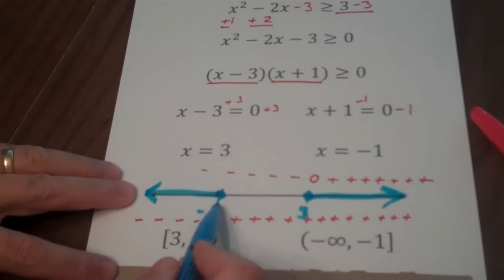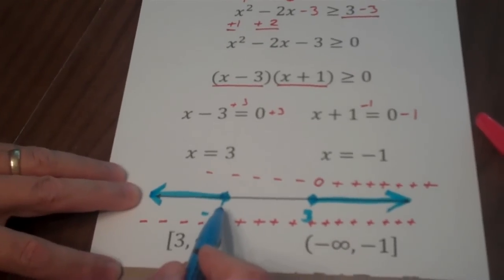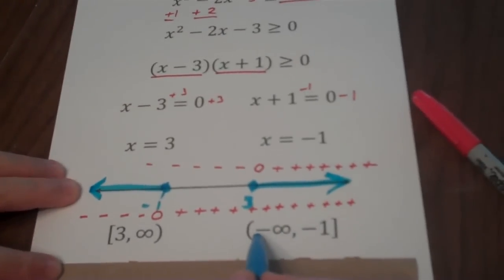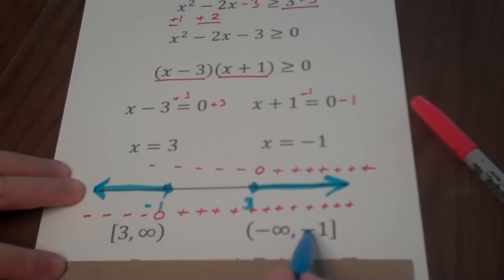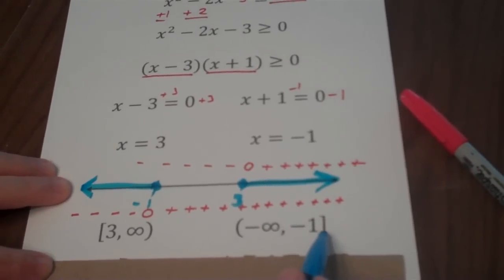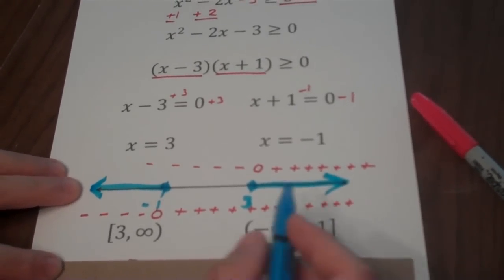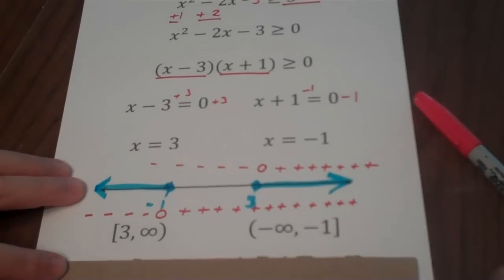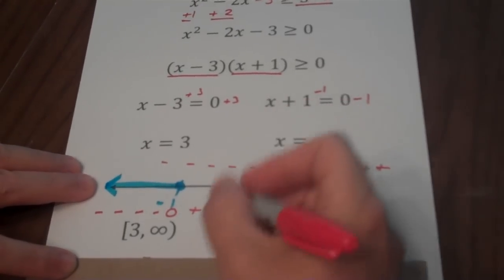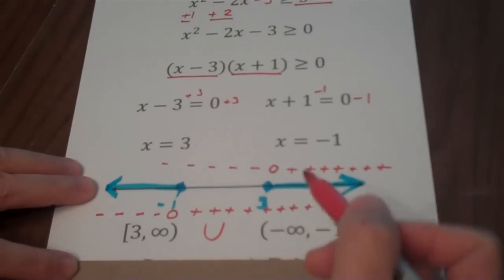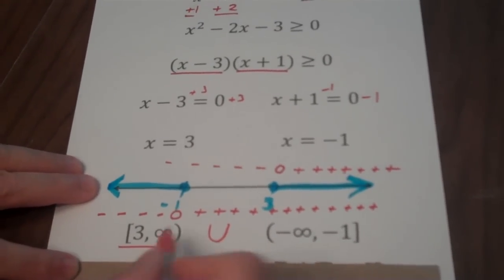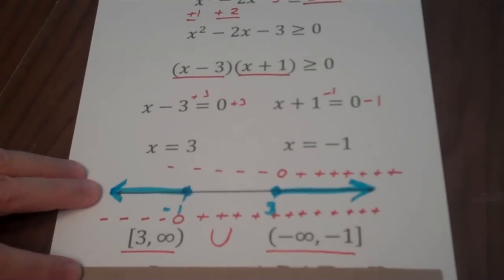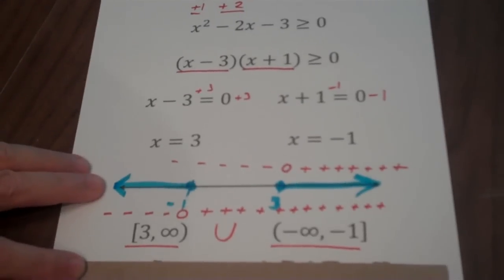All the values that are negative, all the way up to negative 1, I would list as all the values greater than negative infinity all the way up to and including negative 1. Now, to be totally accurate, you probably should put a union sign in between these two, but to be honest, I am going to totally accept that if you just list both of these on the test and tell me that that's the solution to the problem.